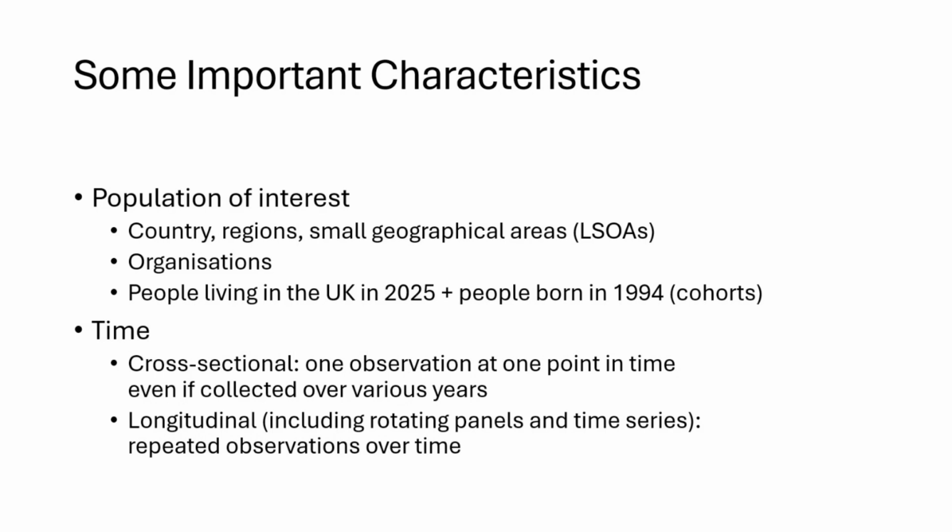There are data sets called cohort studies. These include only people who are born, for example, in a certain week in a certain year. So if you use that type of data set, you will only have people who have the same age, so you won't be able to compare people of different ages. But these people will be more similar to each other than the people in the Labour Force Survey, because they have different ages and different other characteristics.